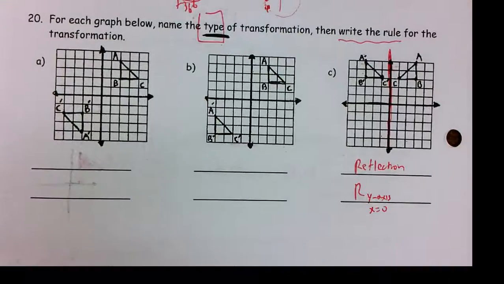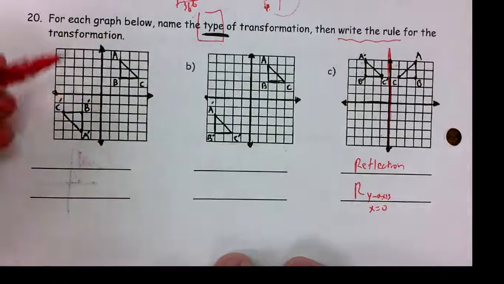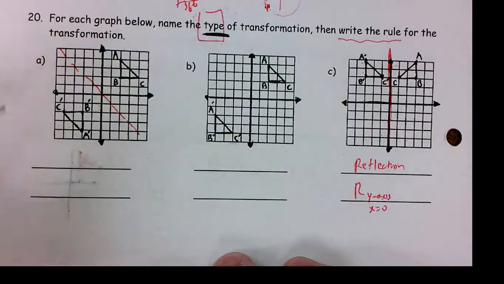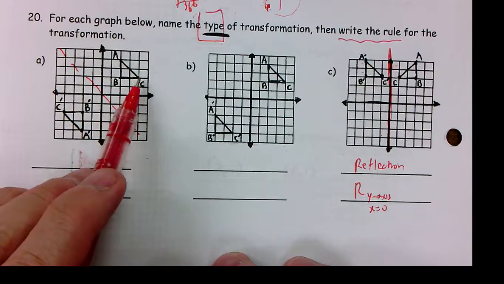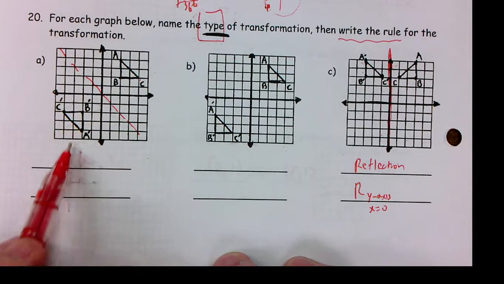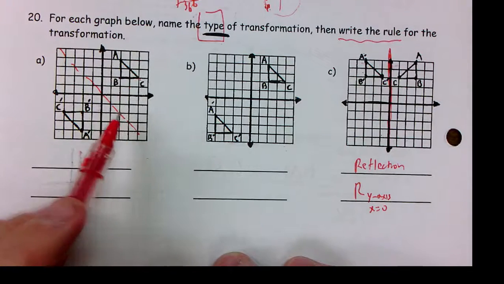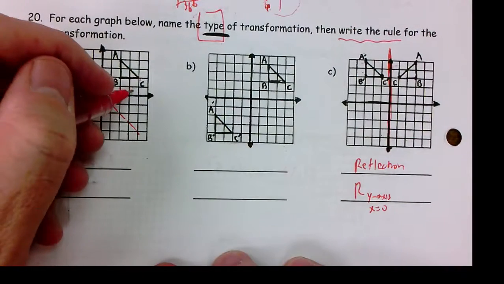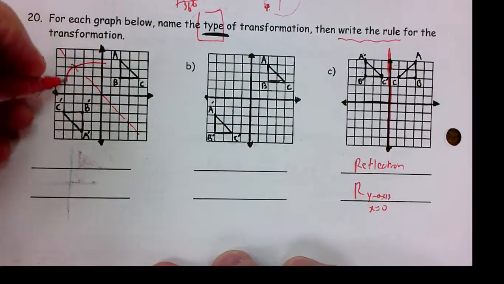All right, I want to discuss A. A looks like it could be a reflection across this line. But the reason it's not a reflection is because A does not match up with A prime across that line. A and C match up. That's how you can tell this is not a reflection, but actually it's a rotation.